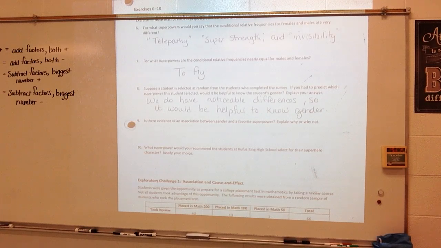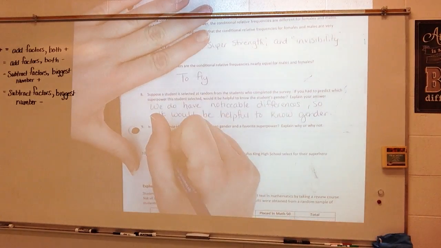Association means that there is a noticeable difference between genders and superpowers. We've already said that we had noticeable differences in 3 of our categories. So since there is a noticeable difference, then yes, there is an association.